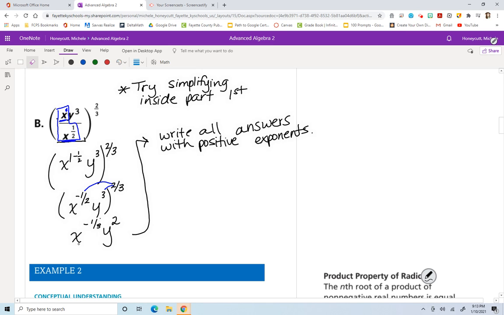So I'm going to say, okay, well, I need to send it to the other side of the fraction. I don't see a fraction right now, so I'm going to make one by putting this whole thing over 1. So then the term that has the negative exponent, this right here, this is going to go to the denominator. So I'll have y squared over x to the positive 1/3.